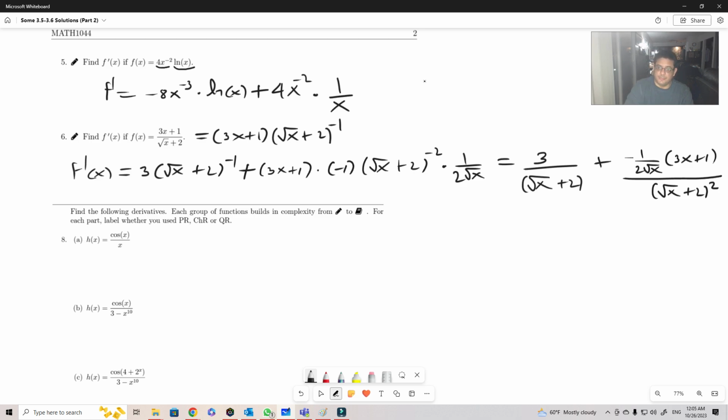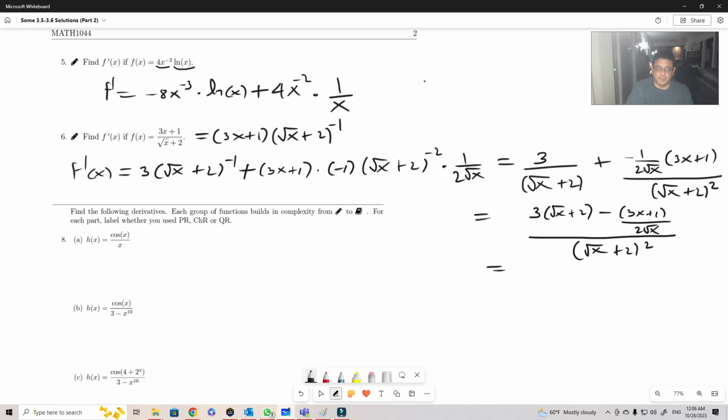And so if you multiply by square root of x plus 2 up and down, you get 3 square root of x plus 2 minus 3x plus 1, over 2 square root of x, and then everything over square root of x plus 2, the square.